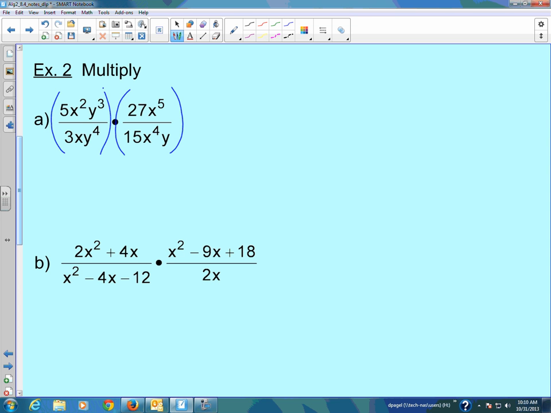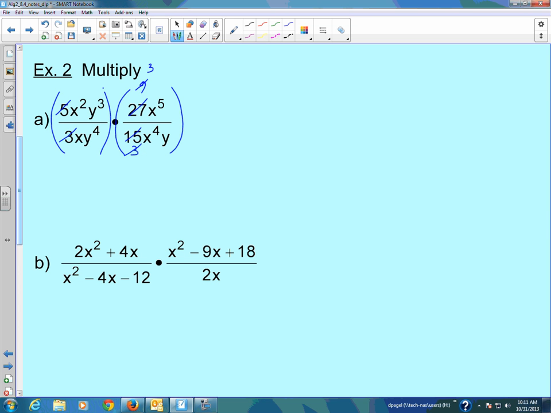So the danger in that, if you do that here, and you start working with the coefficients first: you might say a 5 can reduce into a 15 and become a 3, and a 3 can reduce the 27 into a 9, and then the 3 can reduce that 9 to a 3.